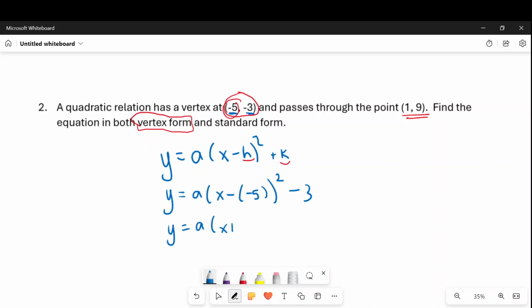So we're pretty used to that at this point, that if I start with vertex form, the vertex is not +5, even though I see +5. The vertex is actually the number that makes the bracket 0 if I let x be that number. So it's always the opposite sign to what I see. But the k value is just -3.